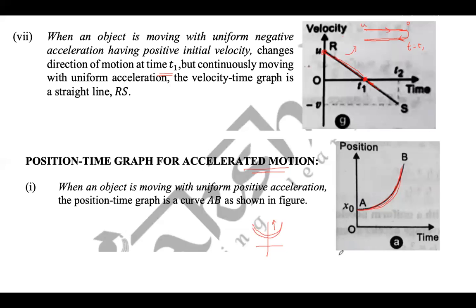This is a position time graph, we also call it the xt graph. So this is the position time graph of an object moving with uniform positive acceleration.